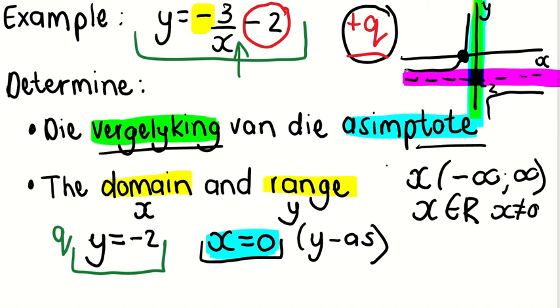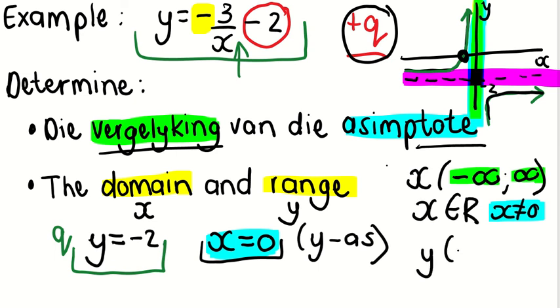If you see here on the x-axis and you look at the x values, this graph goes up here and it never touches the y-axis. It starts down here and it also never ever touches the y-axis. So it's all the values from -infinity until infinity, but it excludes 0.